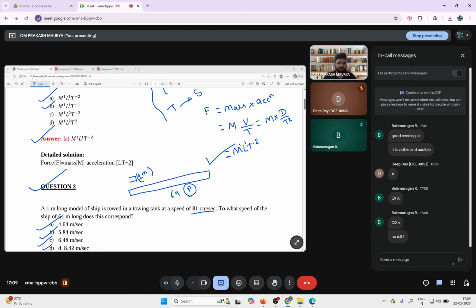I'll wait 1 minute more, then after that I'll explain. Here you need to understand one thing: whether you will apply the Reynolds number model or the Froude number model, which one.